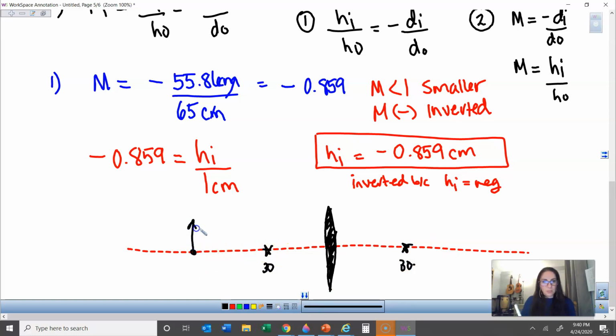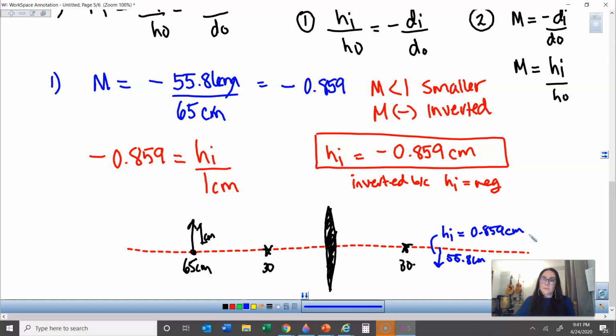So I had the object as 1 centimeter tall. This was 65. My image is going to be 55, so it's a little closer, inverted, and a little smaller. This was 50. 55.86 centimeters away, and the height of this was 0.859 centimeters.